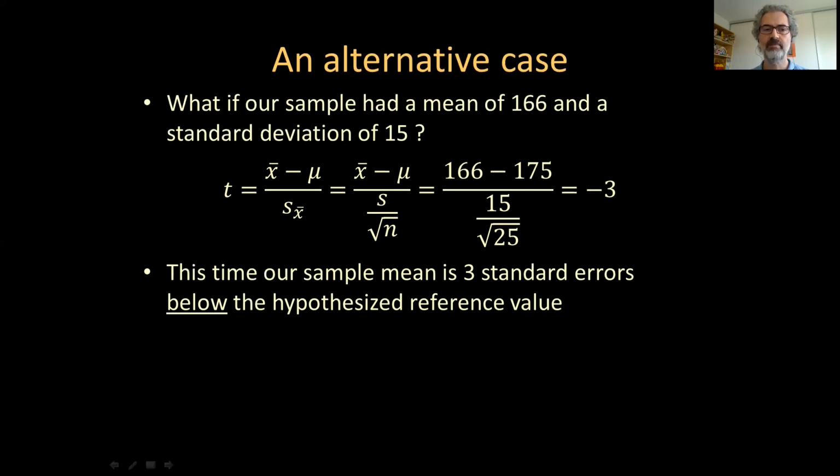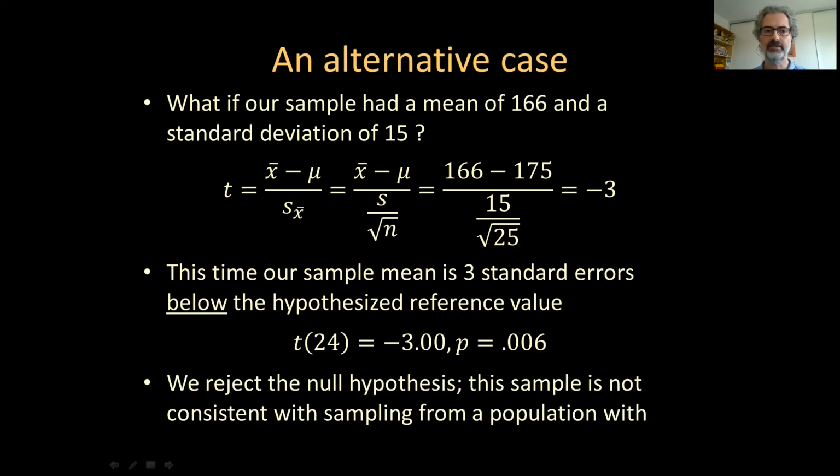Looking up the probability associated with 3 standard errors away from the reference value for a sample size of 25, that is 24 degrees of freedom, gives the answer of 0.006 for the p-value, and this is how it would be reported. In this case, we have to reject the null hypothesis.